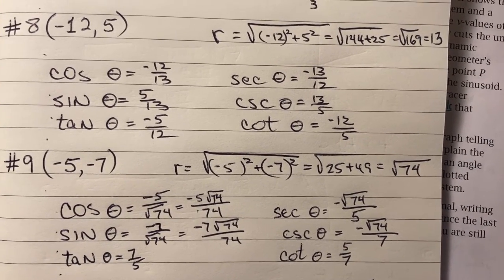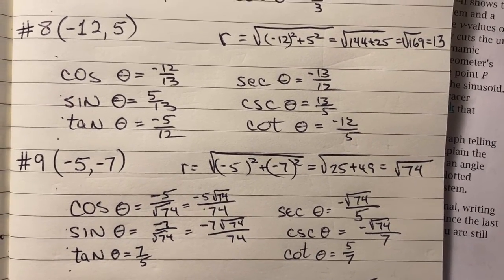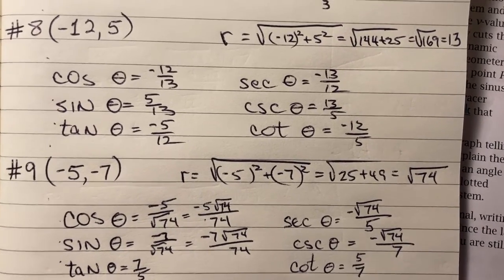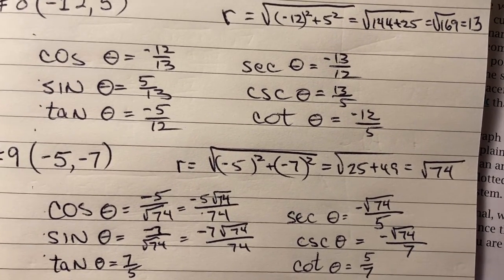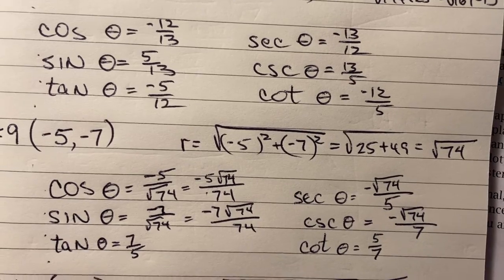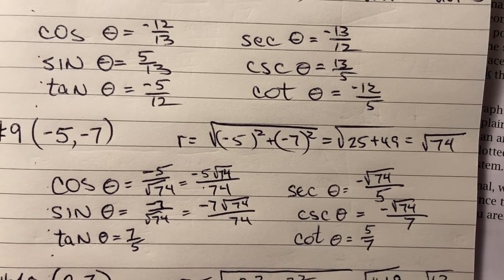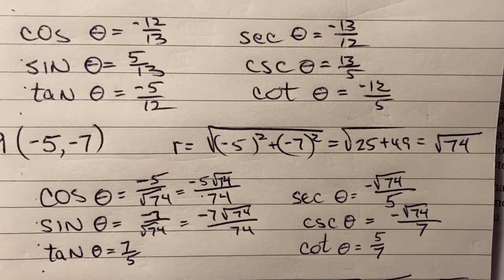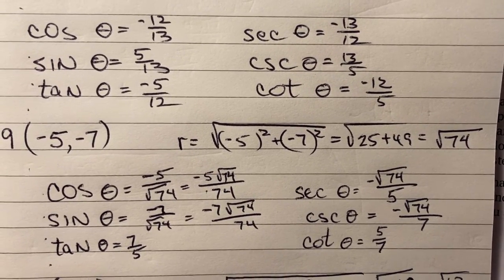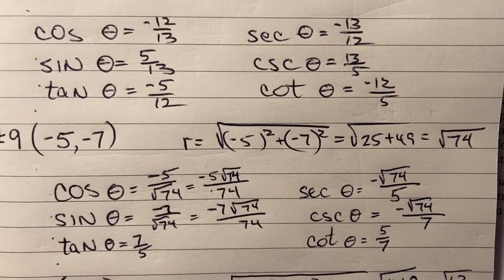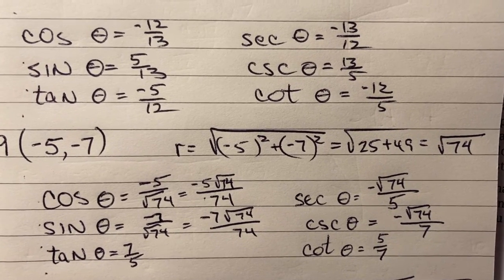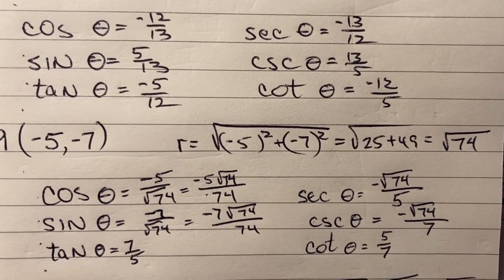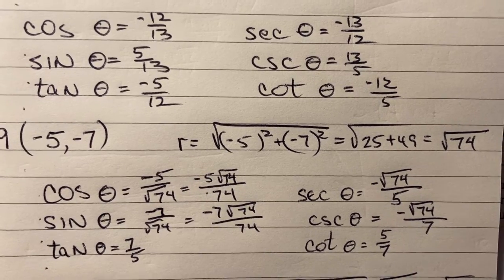So the cosine of theta is negative 5 over square root of 74, and that rationalizes to negative 5 square root of 74 over 74. Sine of theta is negative 7 over square root of 74, which rationalizes to negative 7 square root of 74 over 74. And the tangent of theta is 7 over 5.